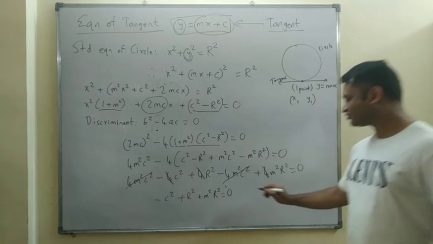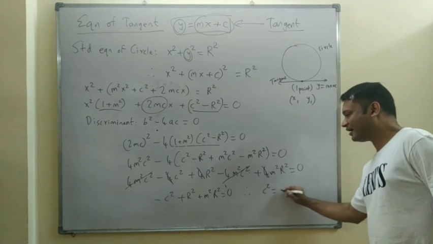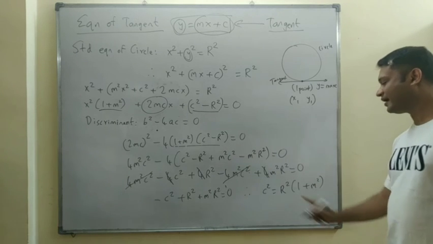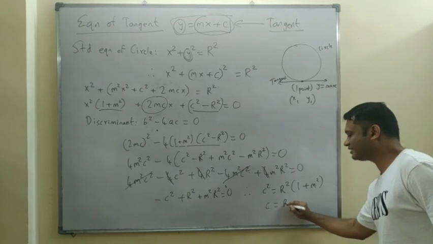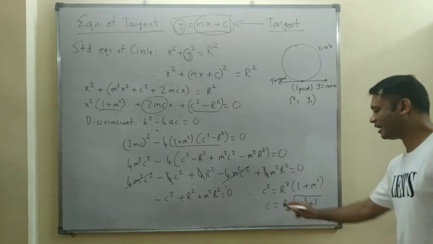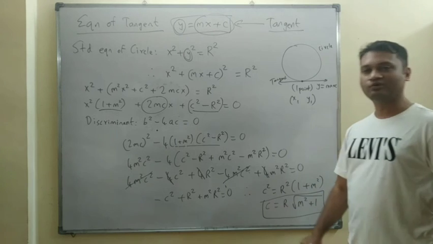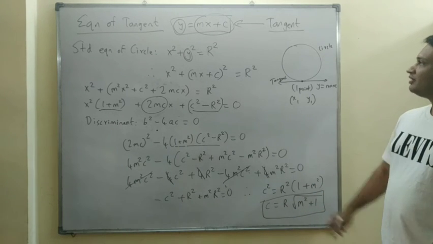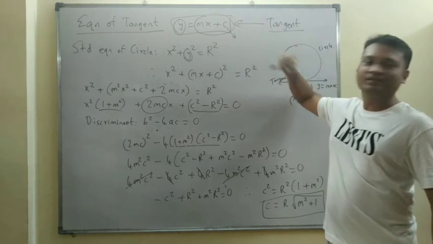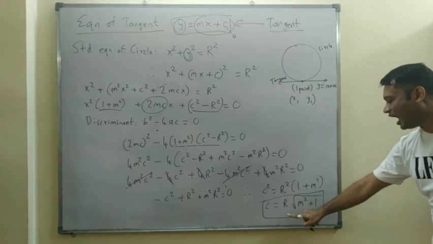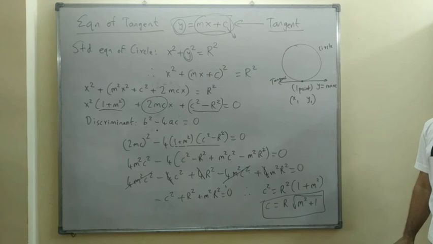So from this we can say c square equals r square into 1 plus m square, giving the value of c as r root of m square plus 1. So the value of c comes out to be r root of m square plus 1. The y-intercept comes out to be r into root of m square plus 1.